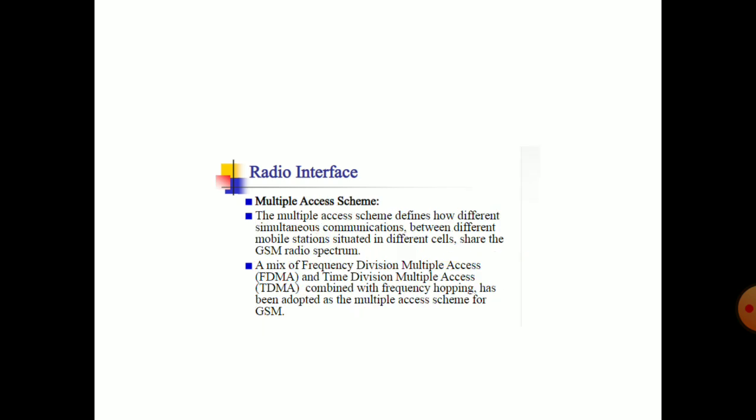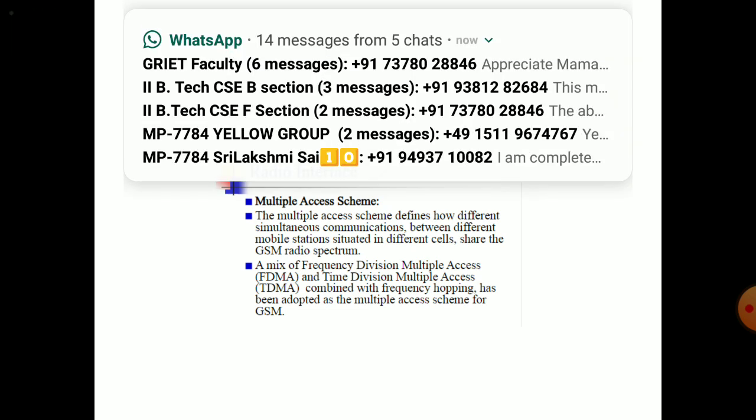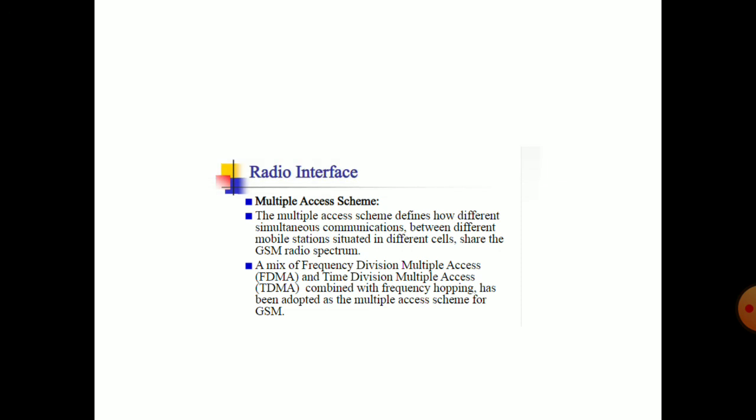The next one is the multiple access scheme in the radio interface. The main aim of the radio interface is providing roaming services. In multiple access control, the schemes are FDMA, TDMA, and CDMA, also SDMA: space division multiple access, frequency division multiple access, time division multiple access, and code division multiple access.